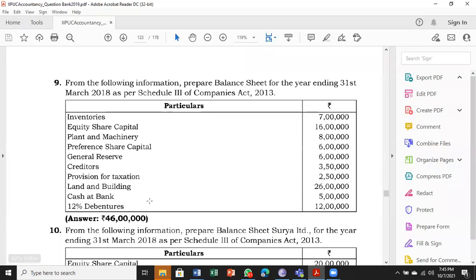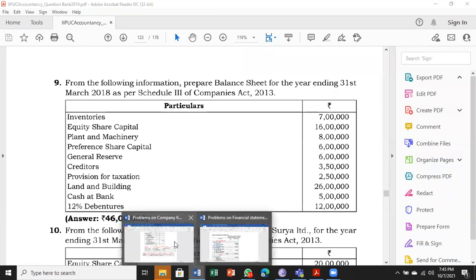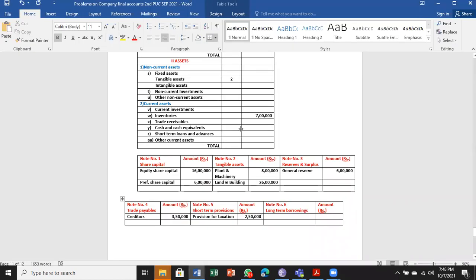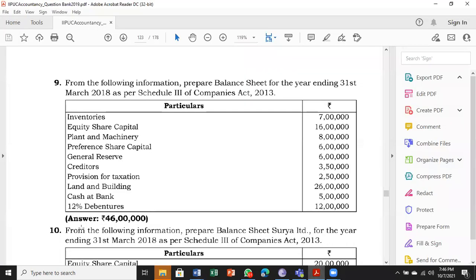Next, land and building, 26 lakhs already taken. Next is cash at bank. Cash at bank, we can take straight away here. Cash and cash equivalent, I will take there only straight away. Five lakhs. Then left with only one, 12% debenture, 12 lakhs.